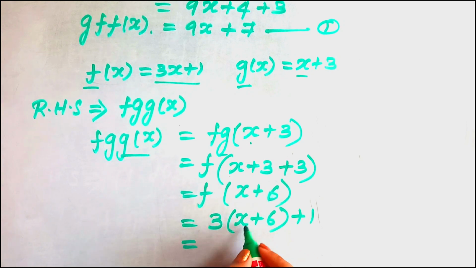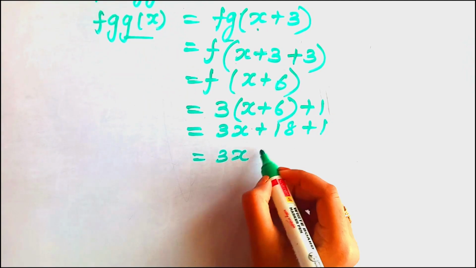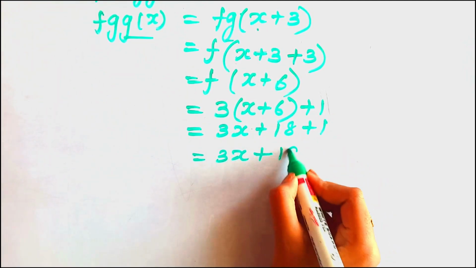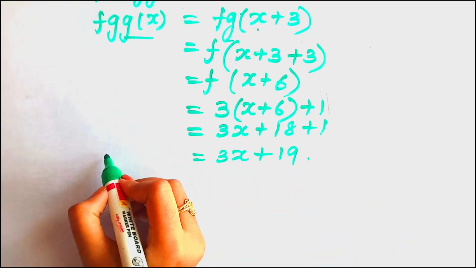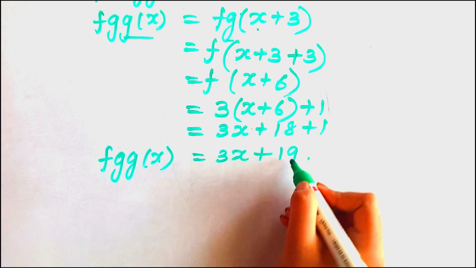Now let's multiply 3 into x, it will be 3x, plus 6 3s are 18, plus 1. Now let's add it. 3x plus 18 plus 1, it will be a 19. Okay, so f g of x is equal to 3x plus 19.